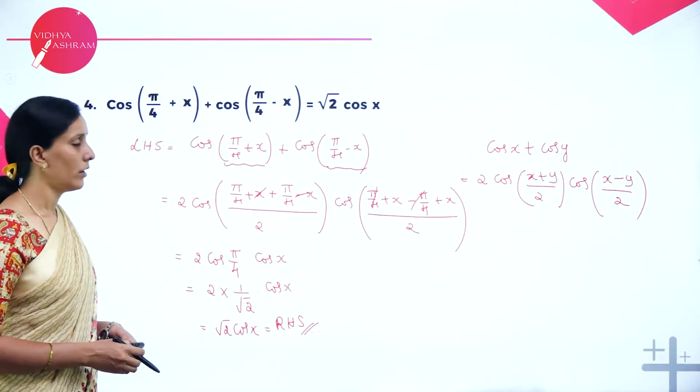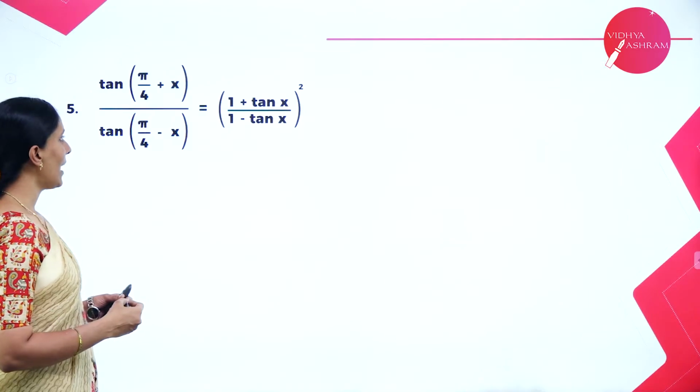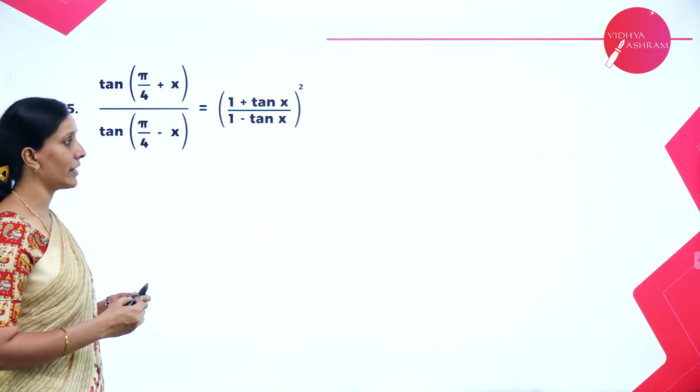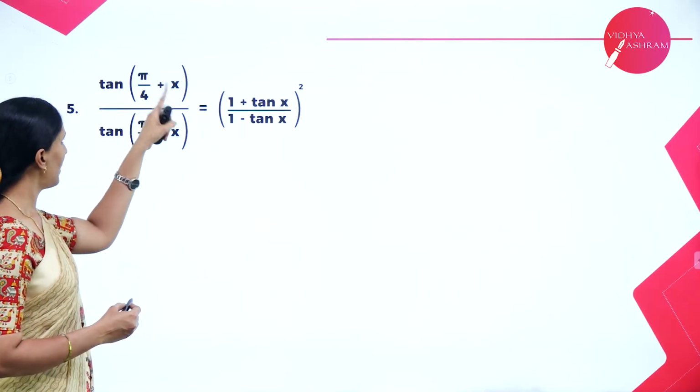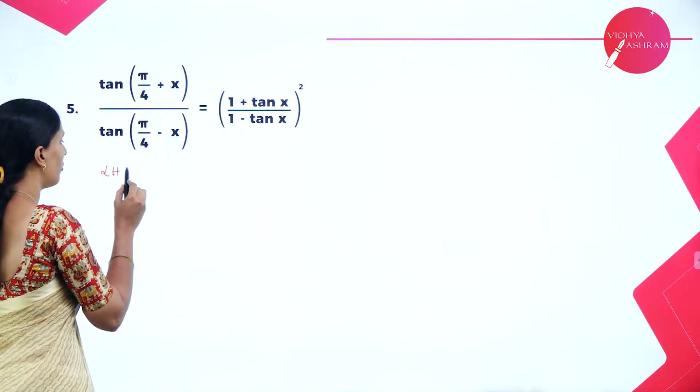Hence proved. Next, tan(pi by 4 plus x) divided by tan(pi by 4 minus x) is equal to ((1 plus tan x) divided by (1 minus tan x)) whole square. So here I should use the form of tan(x plus y) and tan(x minus y). Let me consider the left hand side of the equation.